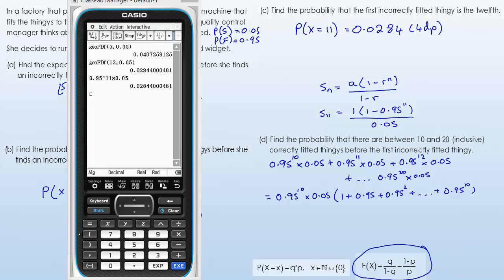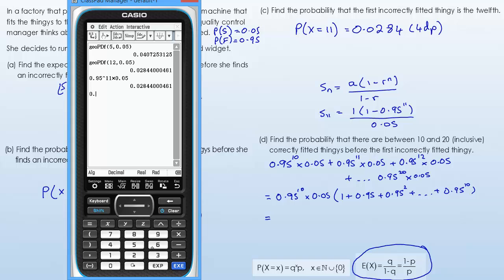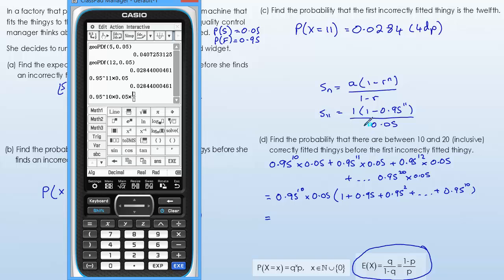So let's calculate all of this and see what it gives us. So we've got 0.95 to the power 10 multiplied by 0.05 multiplied by 1 take away 0.95 to the power 11, divided by 0.05.